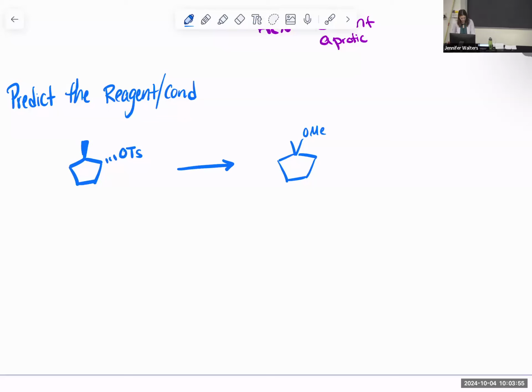We'll vote again in Top Hat. Did I close Top Hat? So you can change your answer in Top Hat, or keep it the same if you think it's still SN2.